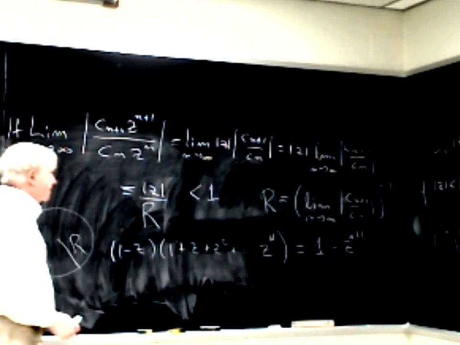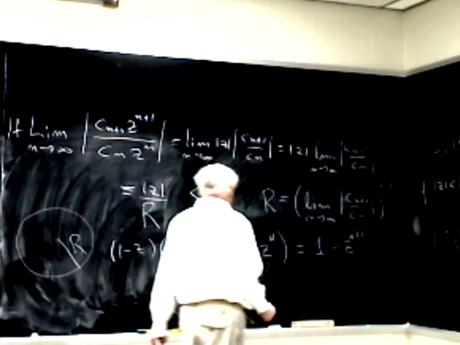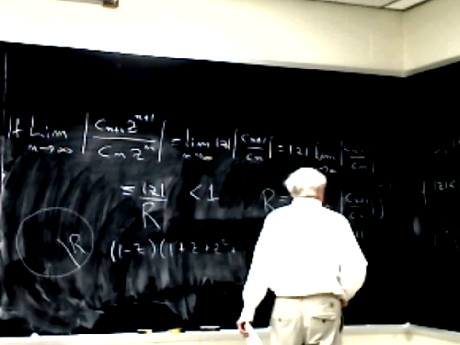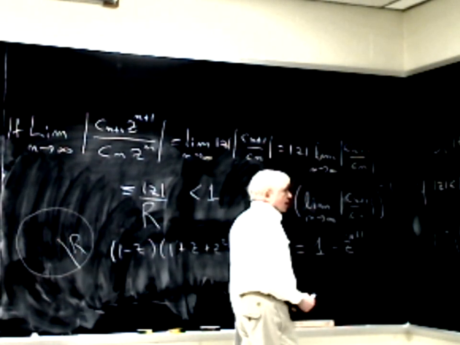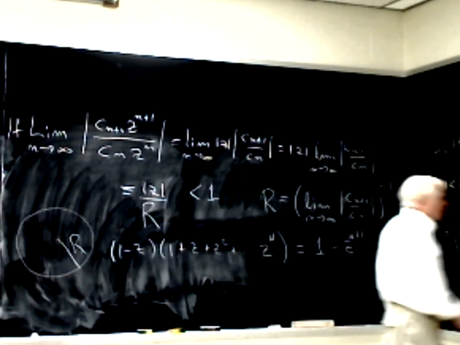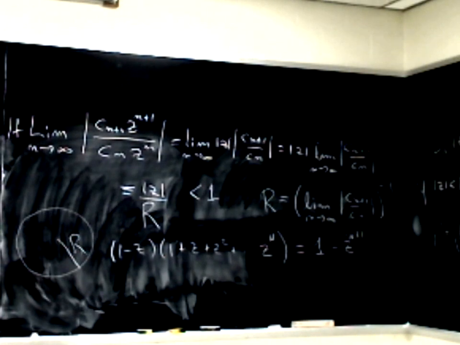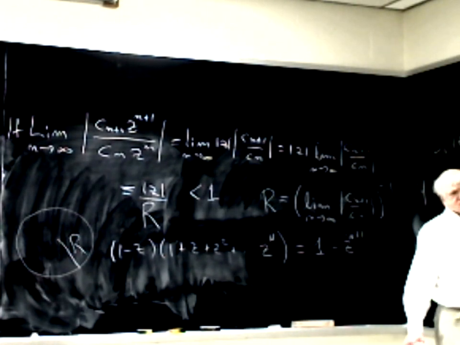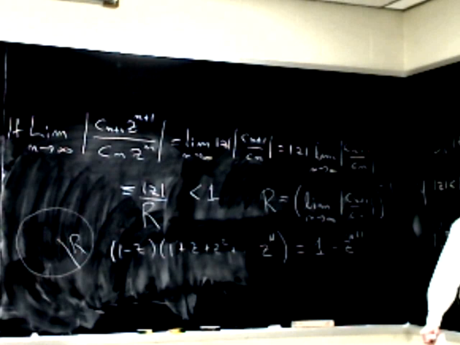Now, what this tells us is 1 over 1 minus z is this power series. This is a very good approximation. When z is less than 1 in absolute value, you can truncate the power series and get an approximation to 1 over 1 minus z.